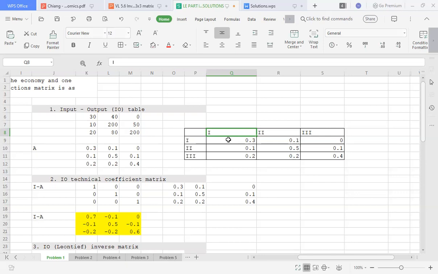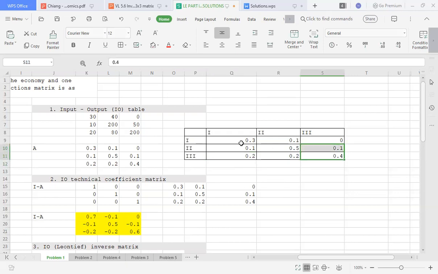And later on in the economic interpretation, you can just say that industry 1 will be getting 30% from its own industry, 10% from industry 2, and 20% from industry 3.